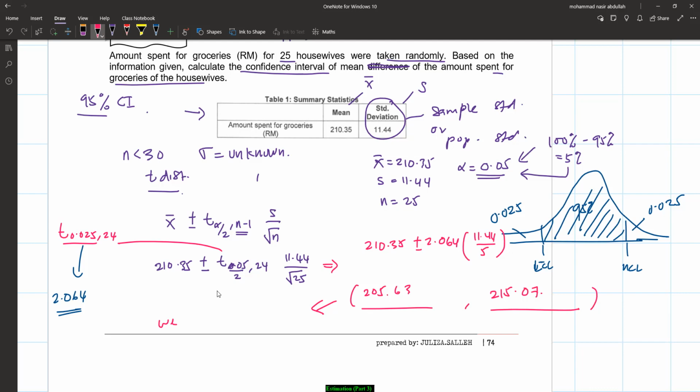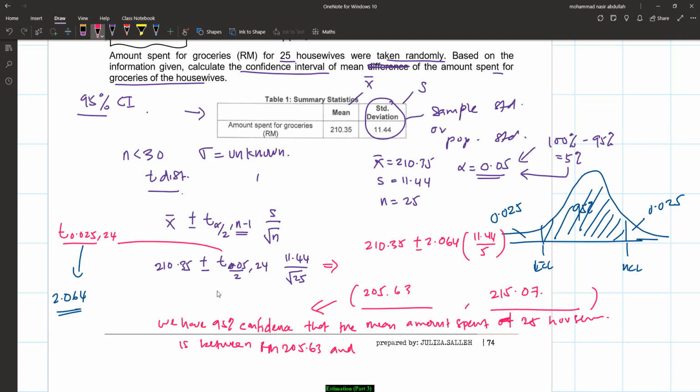So we can say that we have 95% confidence that the mean amount spent of 25 housewife is between RM 205.63 and RM 215.07, right? So this is how we interpret the value of confidence interval.